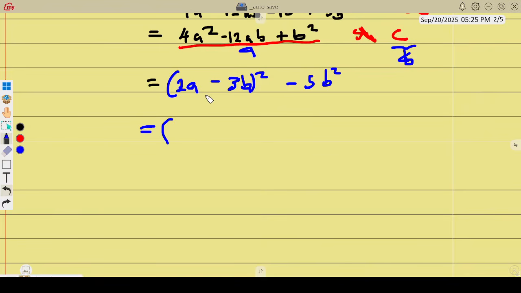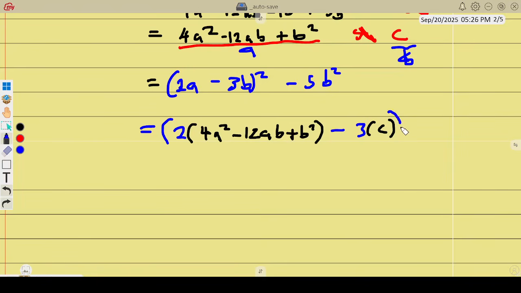So we have 2, and where there's A, we put this, which is 4A squared minus 12AB plus 4B squared, the whole lot of this, minus 3, and where there's B we put C. And don't forget we have a square outside. Minus, we also have a 5B squared here.